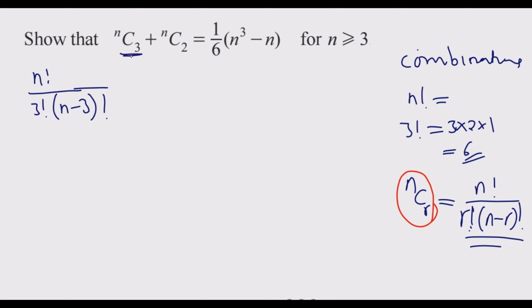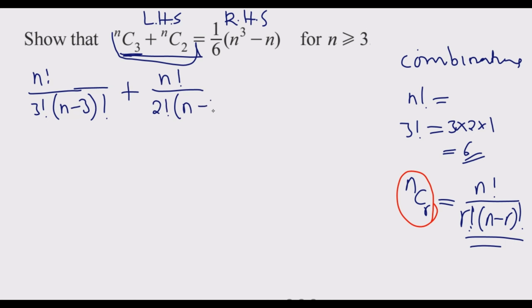So this is this part. We are starting with the left hand side, and I want to show that it's equal to the right hand side. That's what we need to show. So we are going to simplify this. Then the next one will be n factorial over 2 factorial, multiplied by n minus 2 factorial.